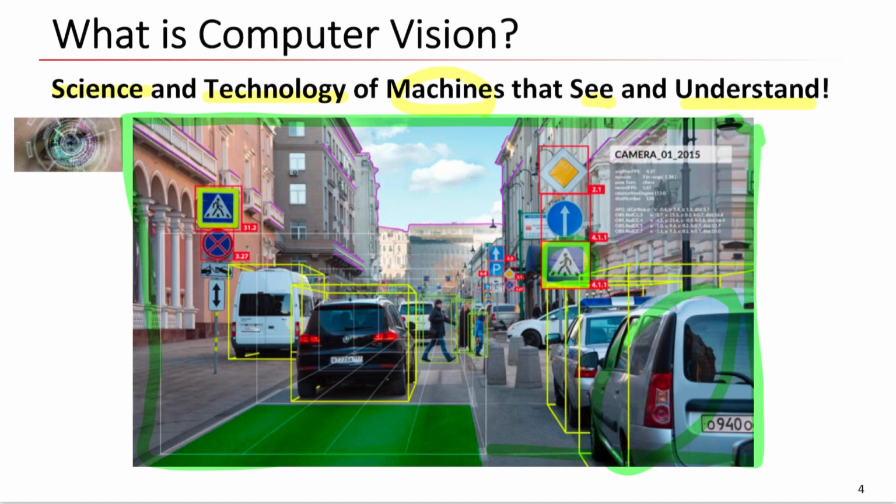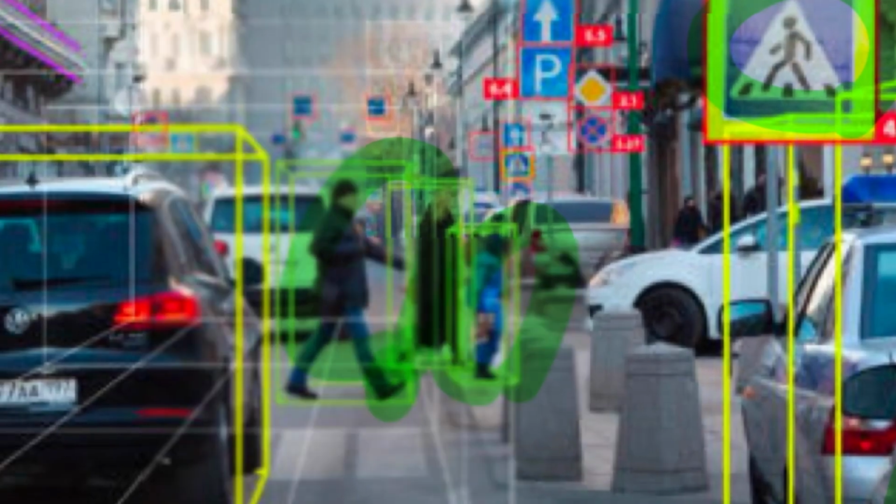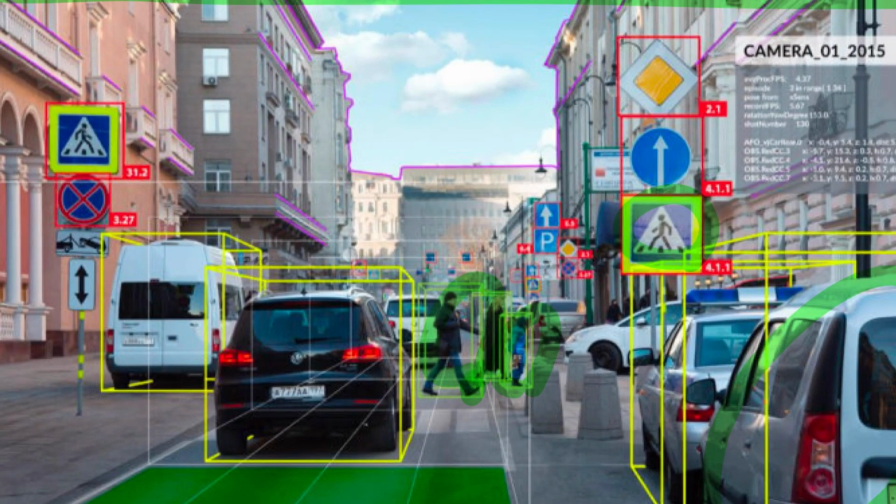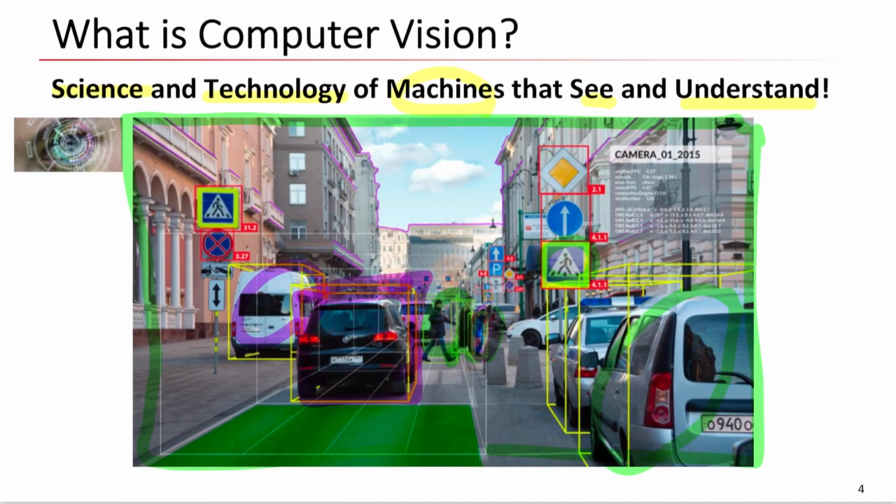And there are two people, and they have different clothes, right? And there is one more car. The 3D structure of the car is something like this, right? But for a machine, it's really hard to understand this image like us, right? So the goal of computer vision is to make machines that see and understand like people, like us, right?